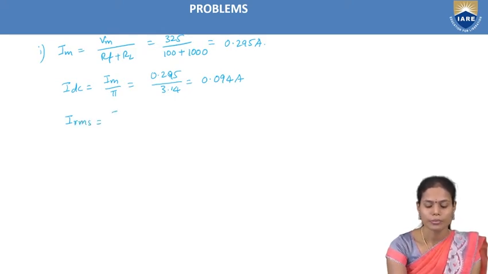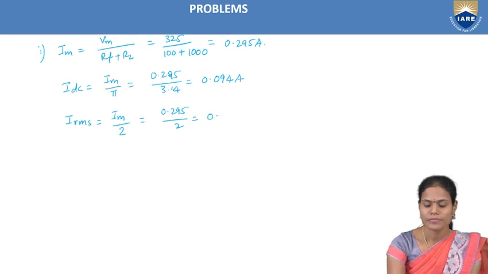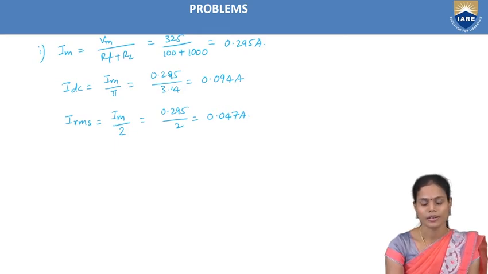IRMS is equal to Im by 2, that is 0.295 divided by 2, that is 0.047 amperes. So we have calculated the maximum, average as well as RMS currents.